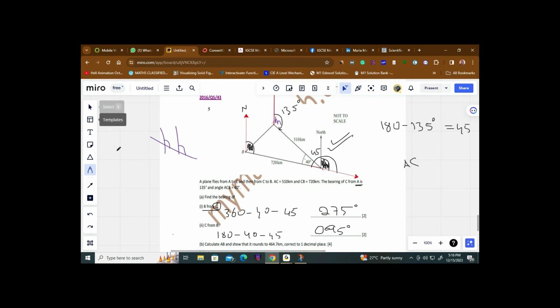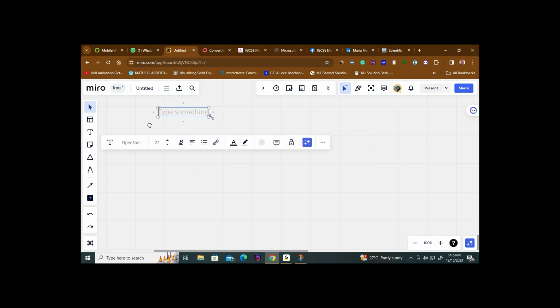Now we come to the tips. Okay, what are the tips and strategies to improve your performance in mathematics? You see, we don't have any rocket science here.